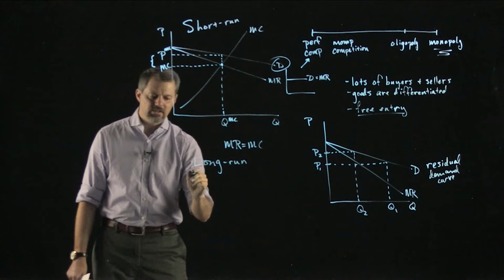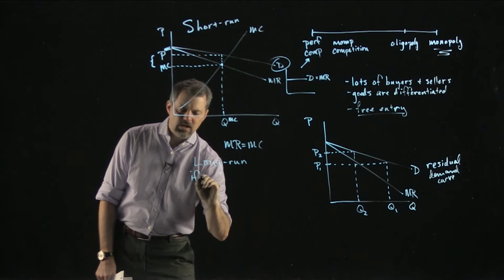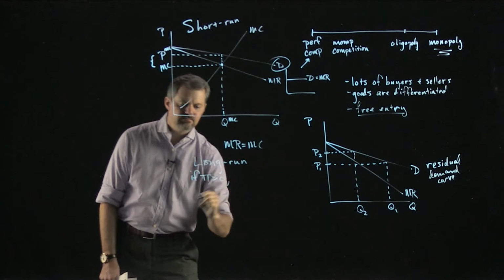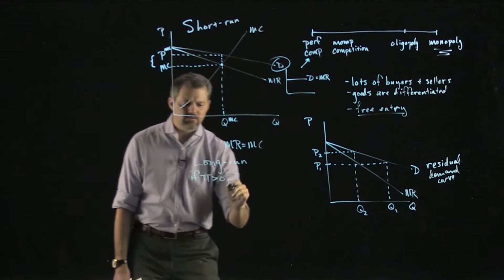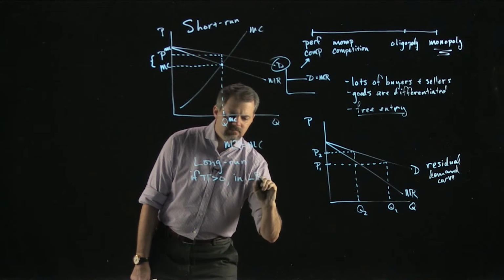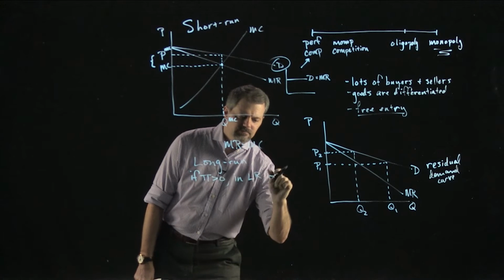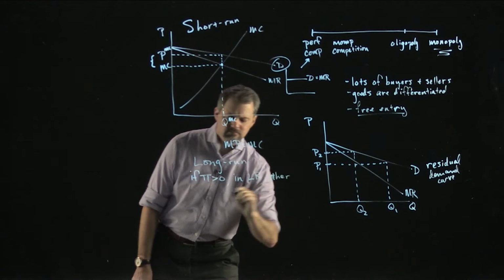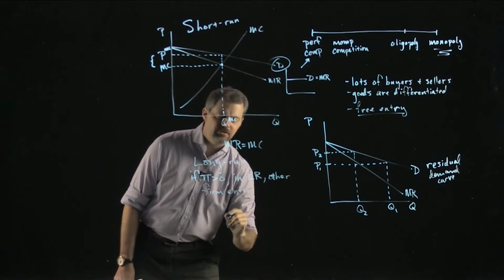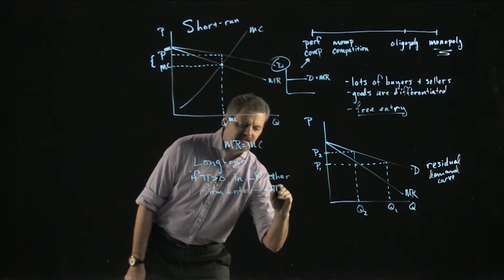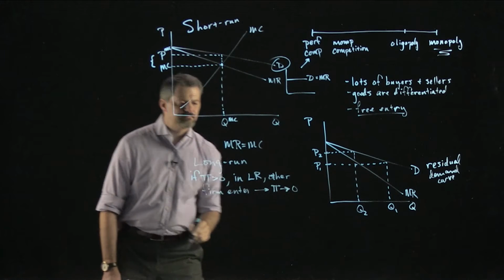So what we know is that if profit is positive for monopolistically competitive firms, in the long run, other firms will enter. And that will continue until profit gets driven to zero.